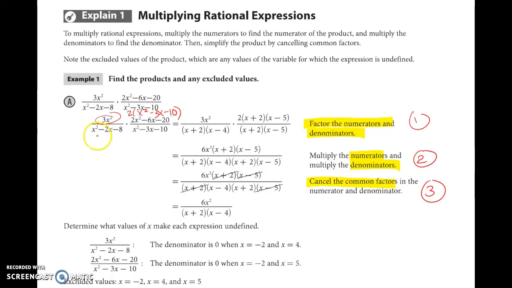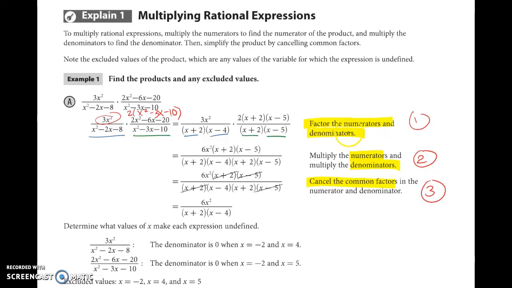And then our denominators here factor to be x plus 2, x minus 4. And this denominator factors to be x plus 2, x minus 5. Now this is a video, so if you need to pause it and see how the book did that, feel free to do so and then pick back up when you're ready.